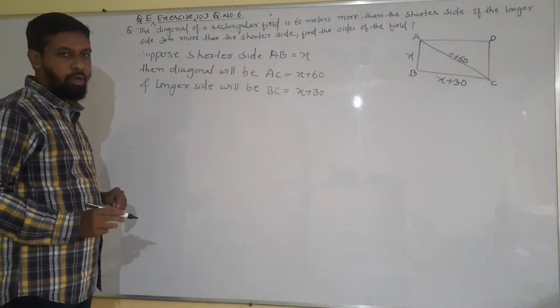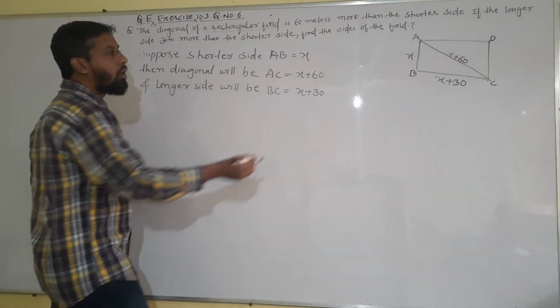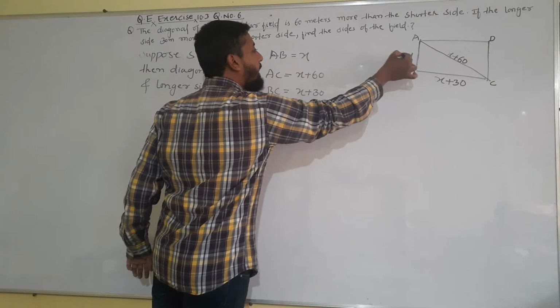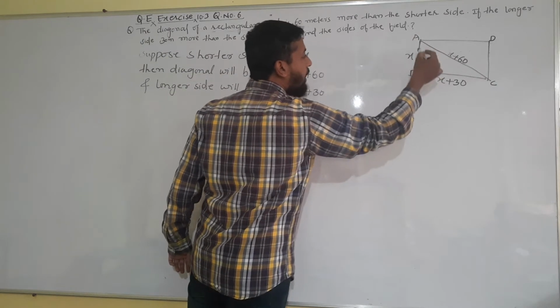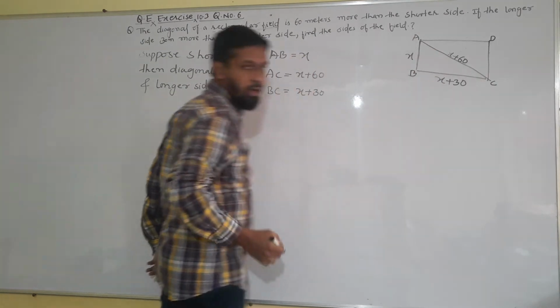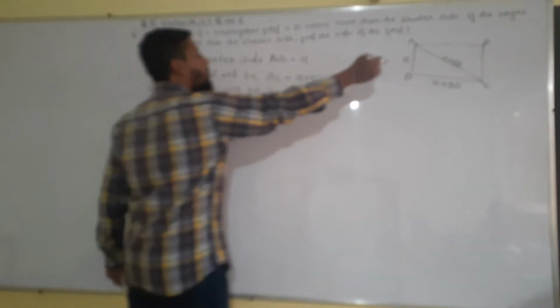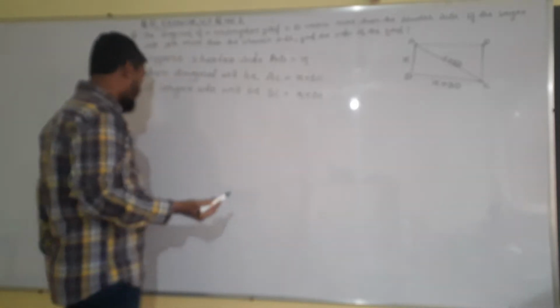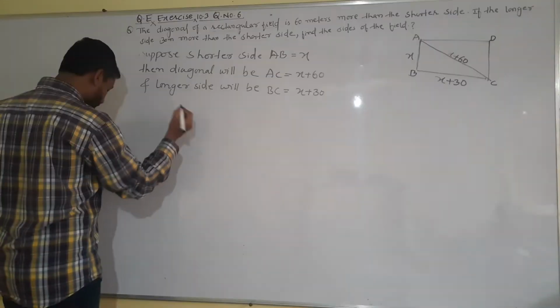We have to apply here Pythagoras theorem to find the value of x. If we get the value of x, then we can write the value of AC. Also we can write the value of BC, longer side as well as diagonal. If we know this side, shorter side, let's find it by using Pythagoras theorem.